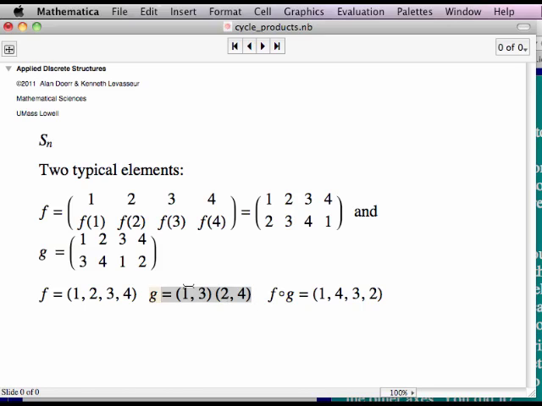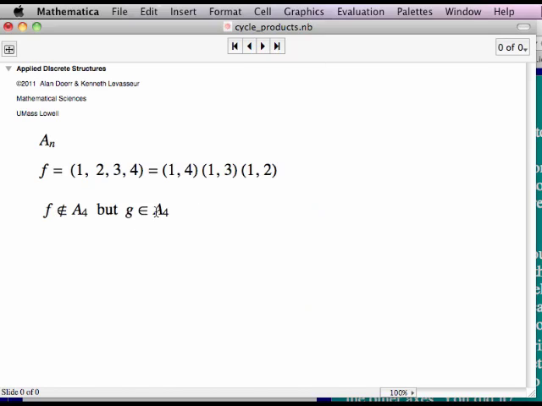Notice its structure is already a product of 2 transpositions, and so g belongs to An. We'll see that An has exactly half the elements Sn has. So since S4 has 24 elements, A4 has half that, 12 elements.